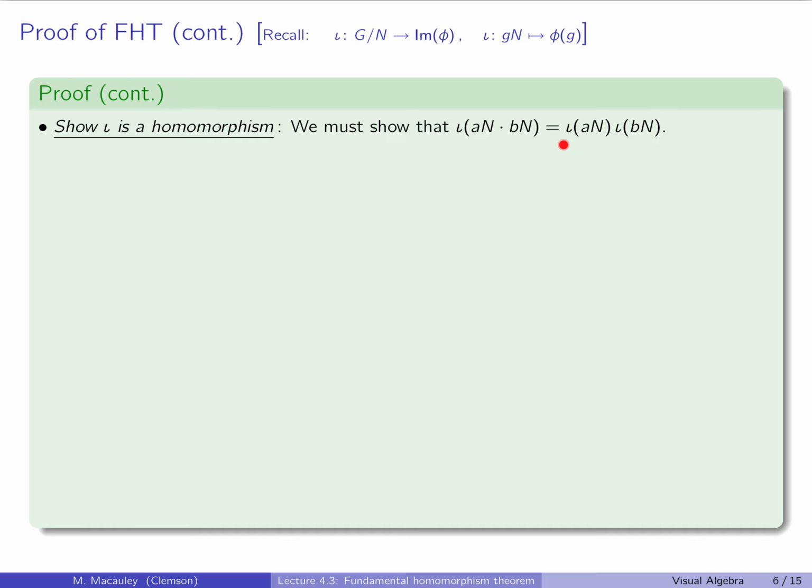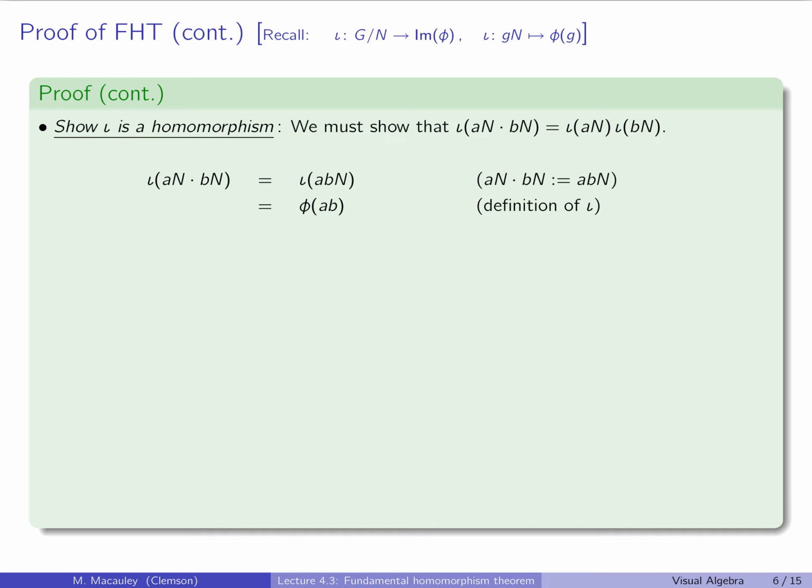But for this, how do we do it? Well, like most parts in this and the other isomorphism theorems, you kind of just follow your nose and use the definitions and basic properties. For example, iota of aN times bN, well, is just iota of abN, because that's the definition of multiplication of cosets. Now we use the definition of iota.